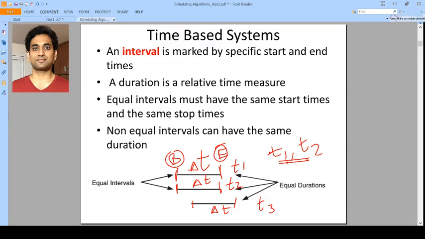Now t2 and t3 have the same length of duration, delta t, but they do not have the exact same begin and end time. So even though they're equal durations, they're not equal intervals of time. So non-equal intervals of time can therefore have the same duration.